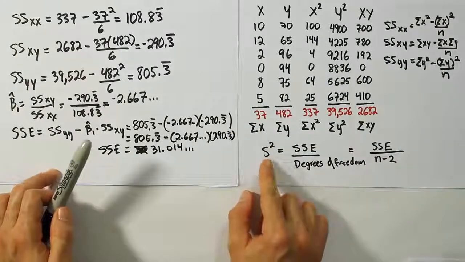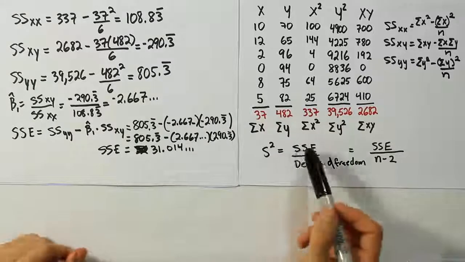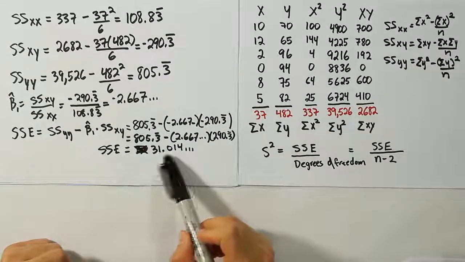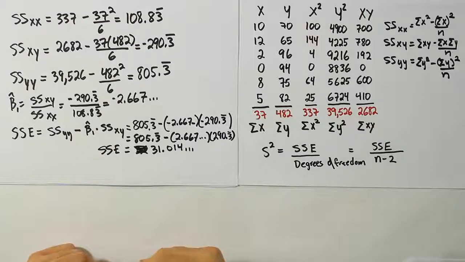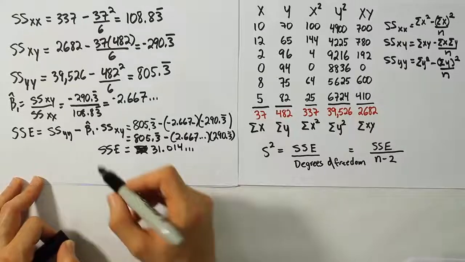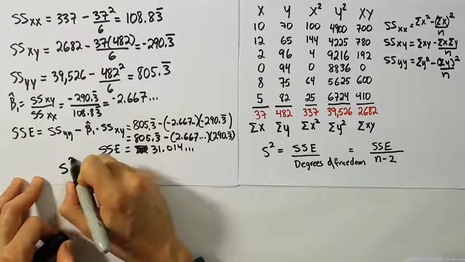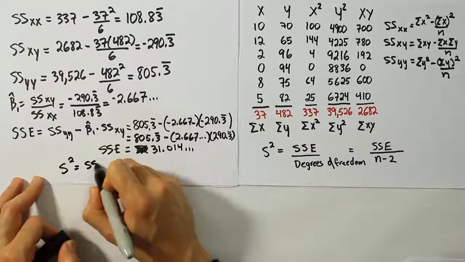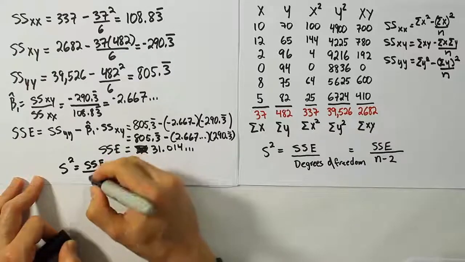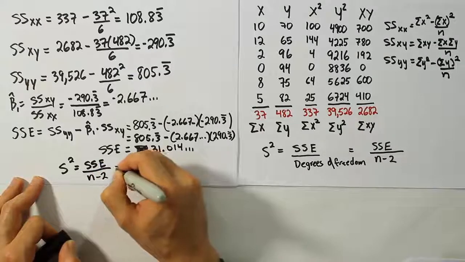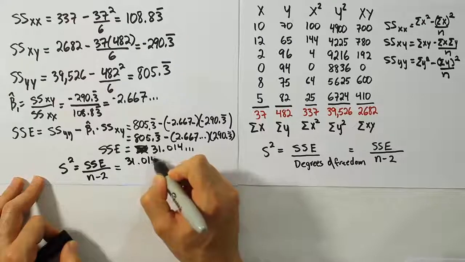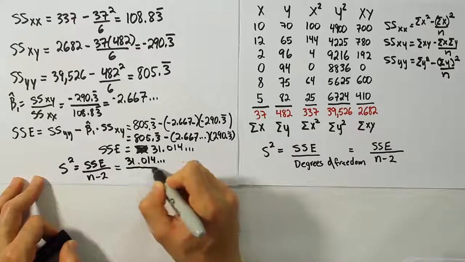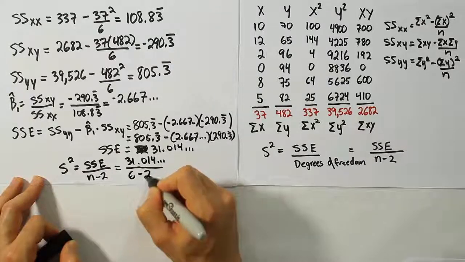We just need to get s squared in this problem. So we're going to take SSE, which is this number we just calculated, and divide it by the degrees of freedom, which is simply n minus 2 here. So for us to finish this problem, all that we're required to do is to say that s squared is equal to SSE over n minus 2. SSE is 31.014 over 6 minus 2.